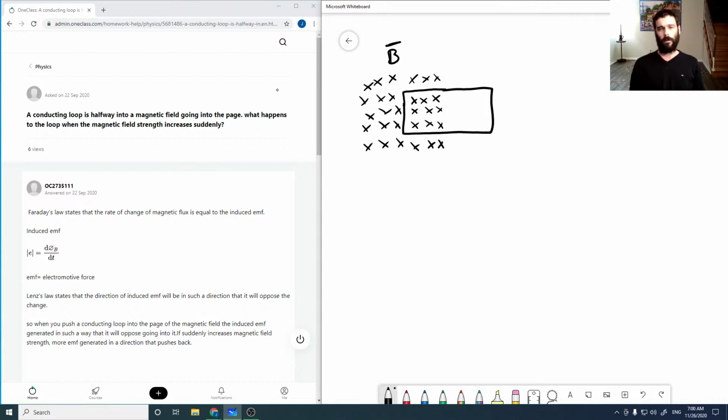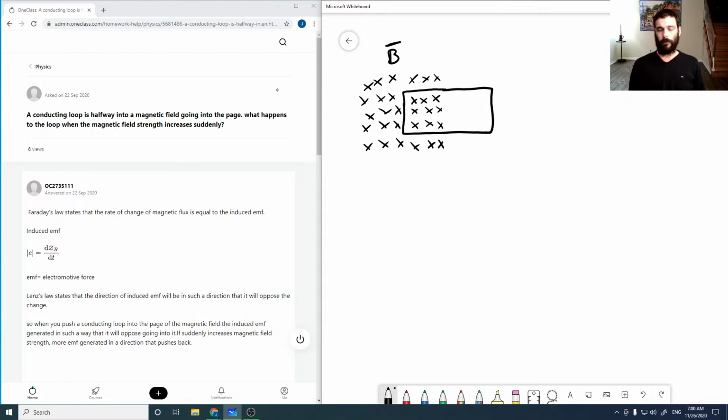Okay, so if we have a magnetic field going into the page and we suddenly increase the value of it, then we're going to generate an electromotive force in our conducting loop.